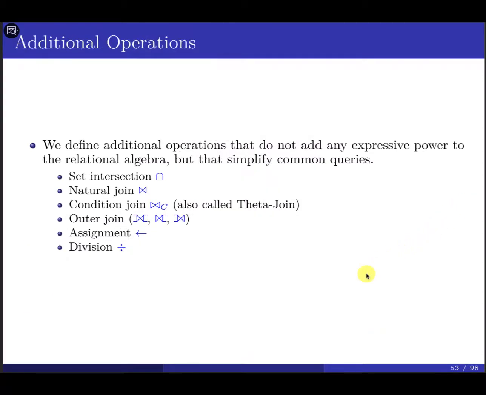Now let's take a look at not the basic, but the additional operations. By the way, you can perform those additional operations using the basic operations, but if you use them, it's going to simplify the process. For example, you wanted to perform Cartesian product, then after that selection, and after that projection.